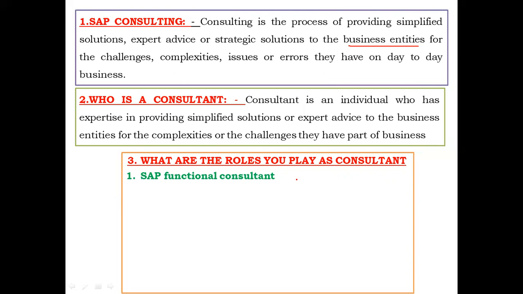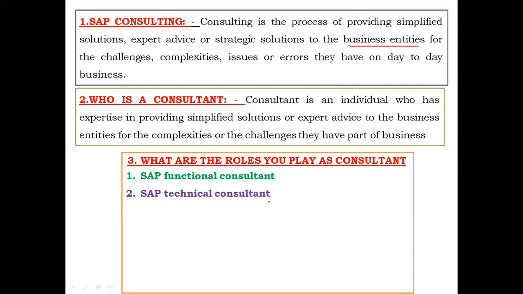So all those things, creating the PO, PR, and whatever is faced by the PR, PO, and business entities. We call it functional, with respect to functions which exist in SAP, or may go for some modification. We call it the functional consultant.